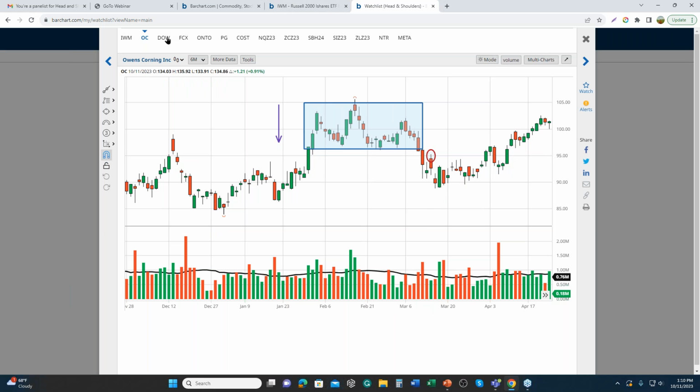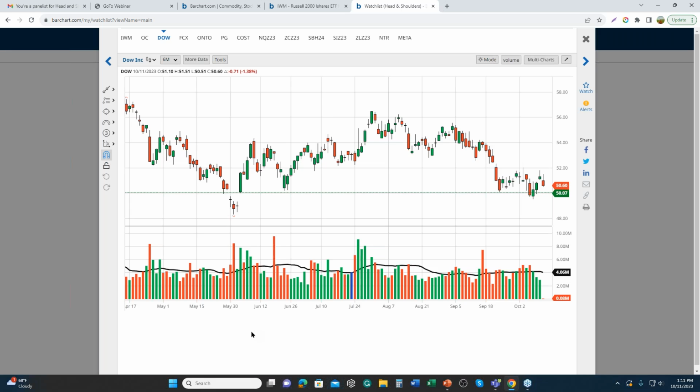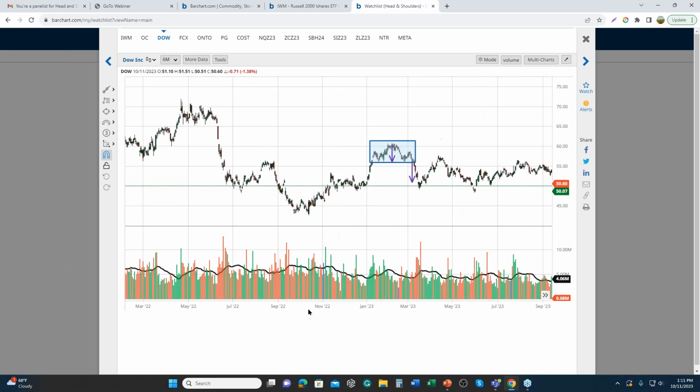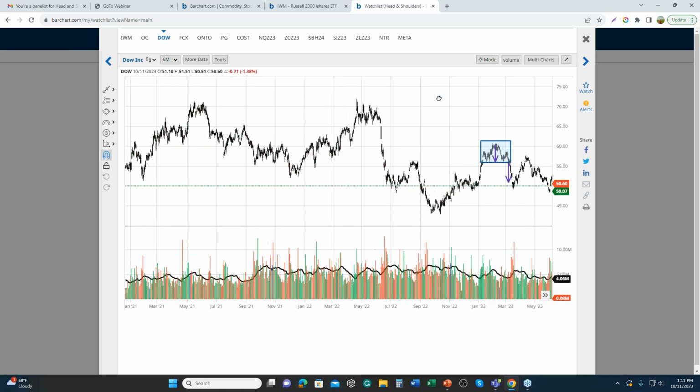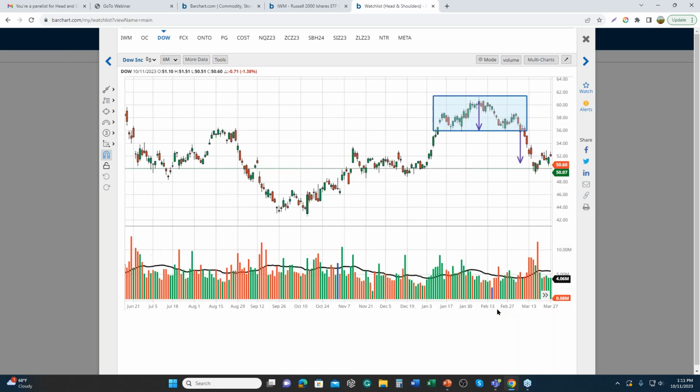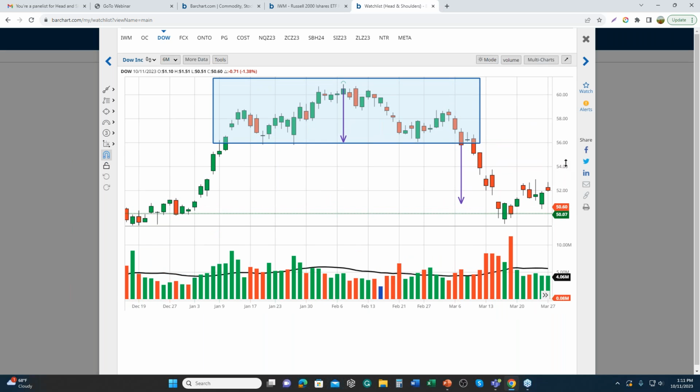Now, in the example of Dow, we see an increase of volume from the post neckline, and this increases that probability of a stronger price acceleration and reaction. You can see that here on this example.